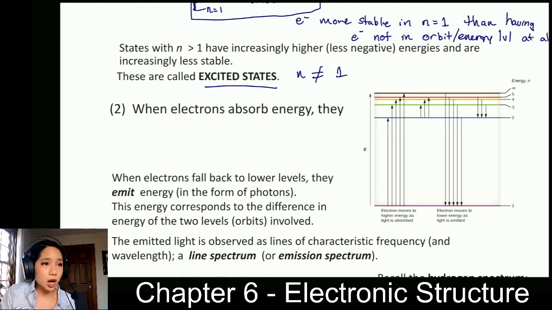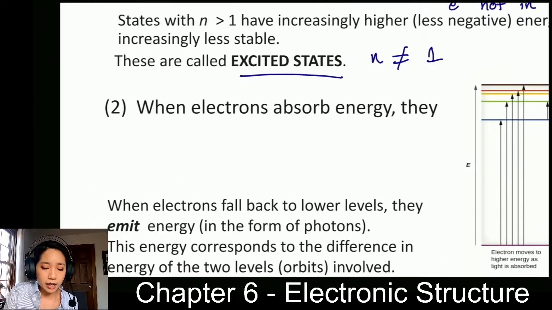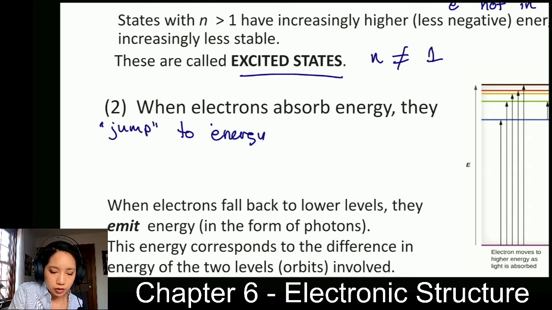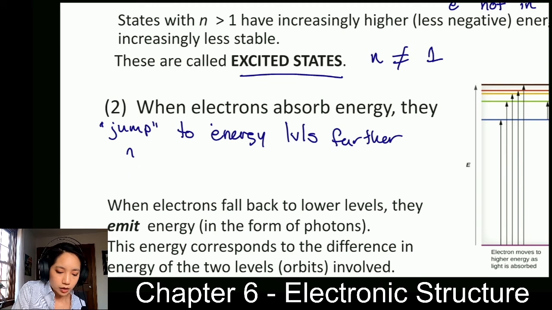So the second postulate here is when electrons absorb energy, they jump to a higher energy level. They jump to energy levels further from the nucleus.